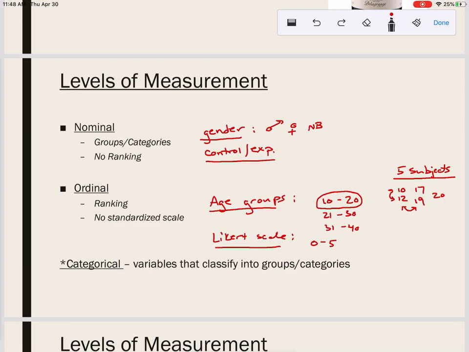So there is ranking, but there's no standardized scale, because a Likert scale is often subjective. Everyone's definition of self-esteem is different.